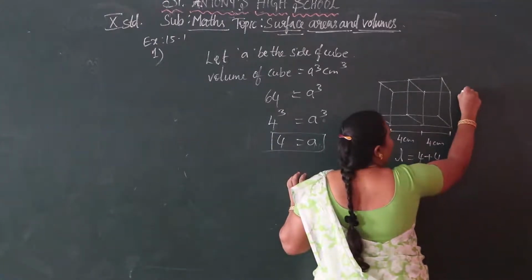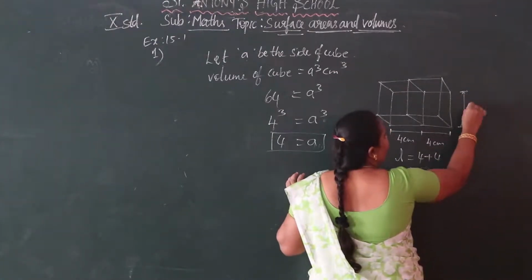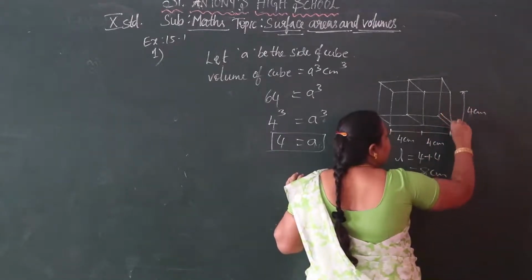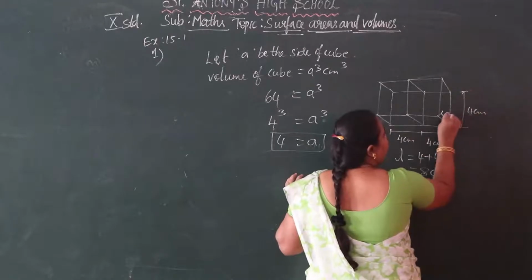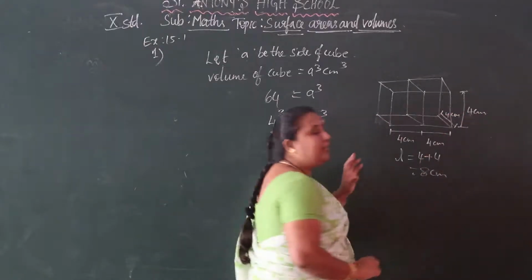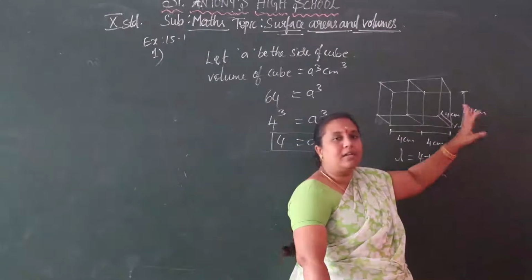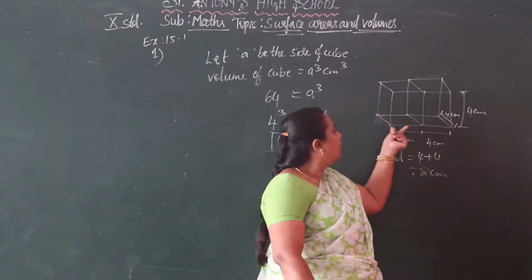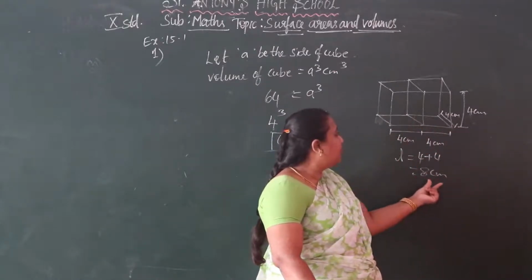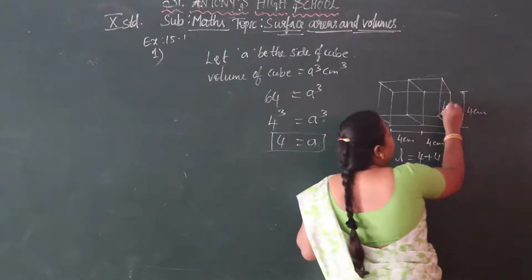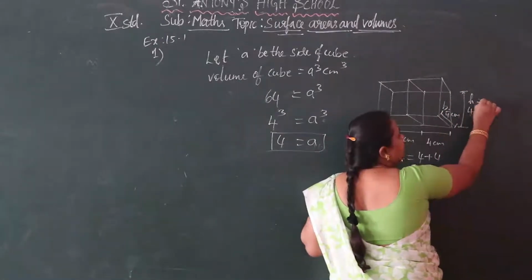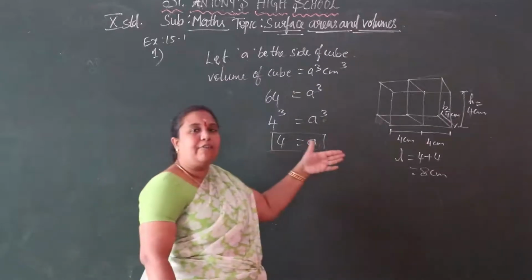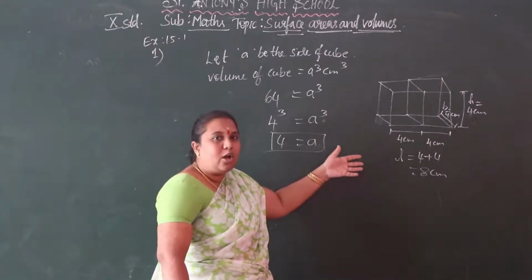The breadth of the cuboid is 4 centimeter, and the height of the cuboid is also 4 centimeter. So L equals 8 centimeter, breadth B equals 4 centimeter and height H equals 4 centimeter.